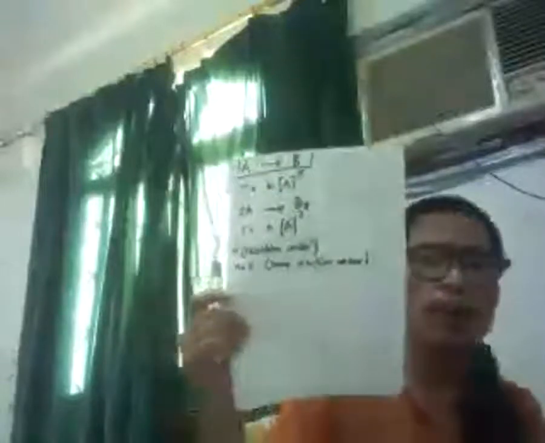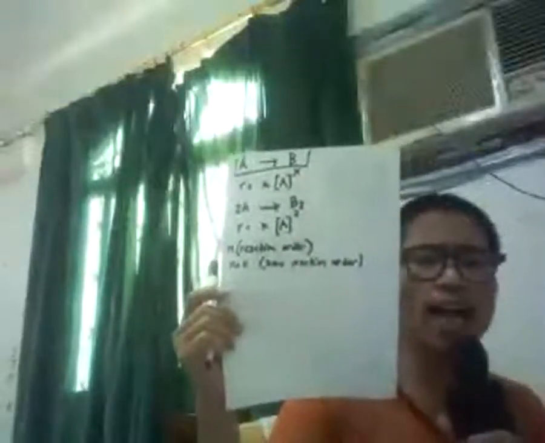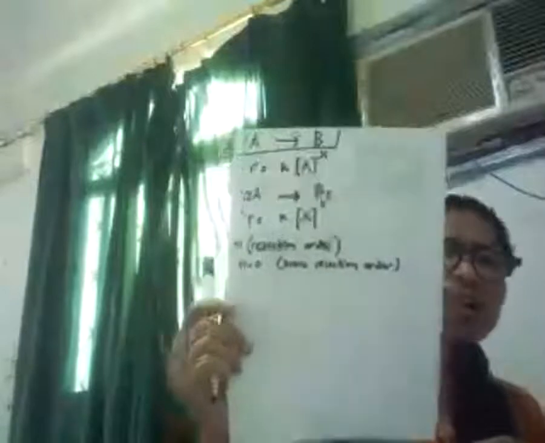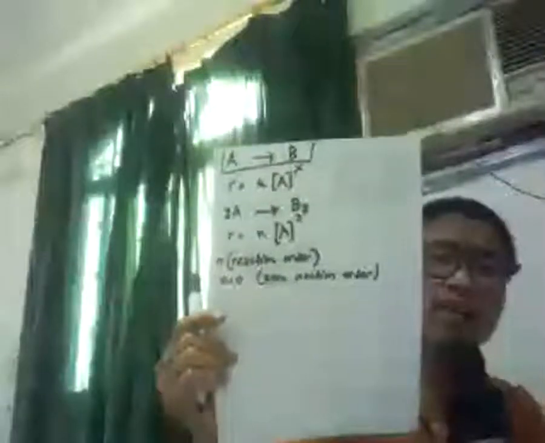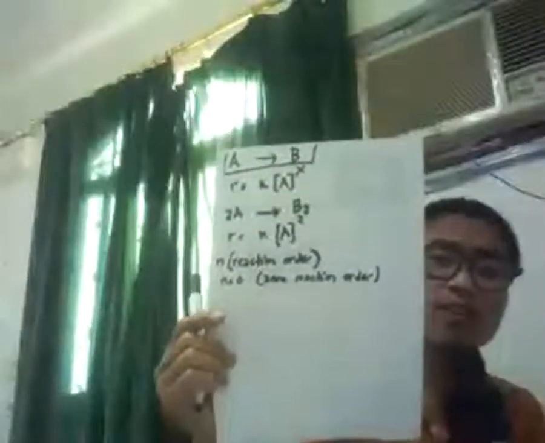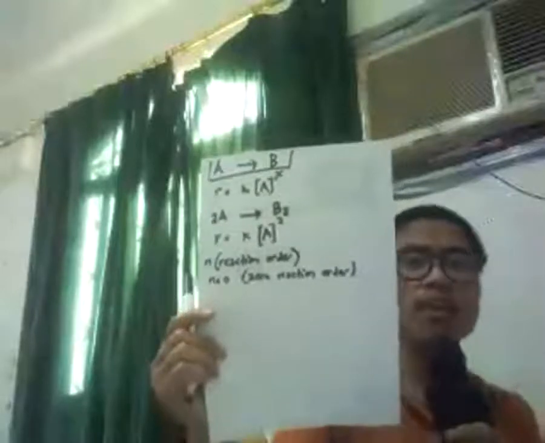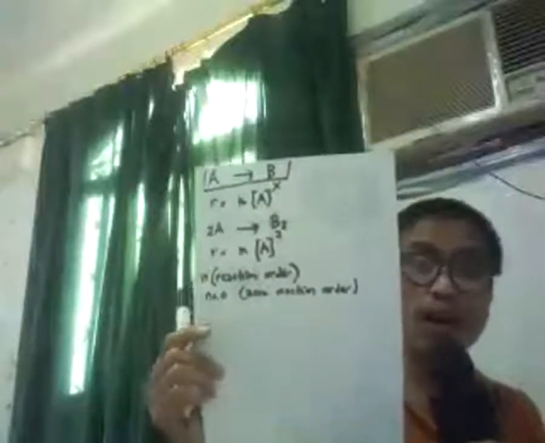Now, since zero reaction order, looking back to the main equation, the very basic equation A is equal to B. So our rate law for the zero order reaction, analyze first. This is going to be R is equal to k times capital A raised to the power 0, because the n exponent will be our reaction order.